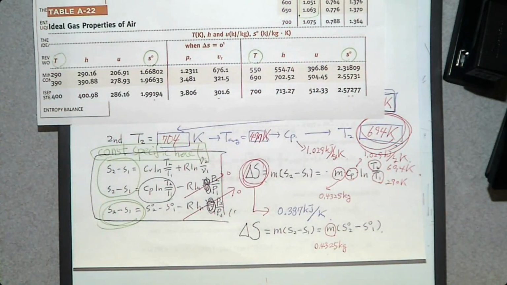So what is the initial temperature? I think so. The initial temperature, 290. The one that we calculated is the final temperature. Do we have 290 in the table?